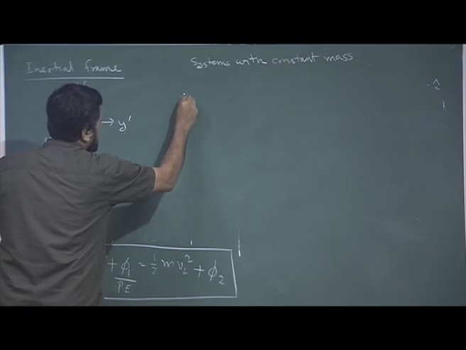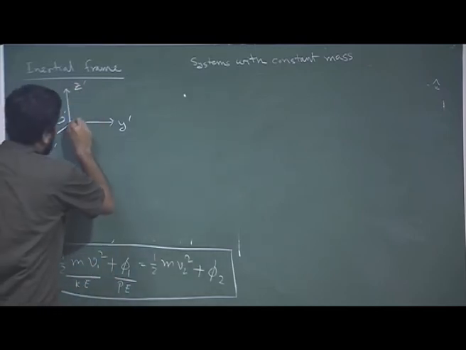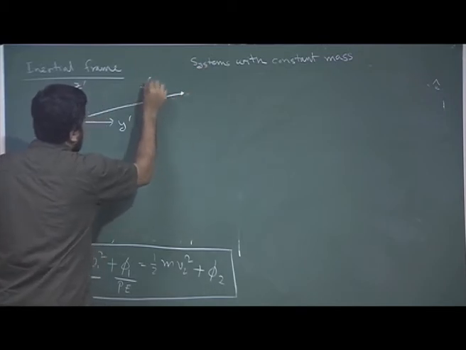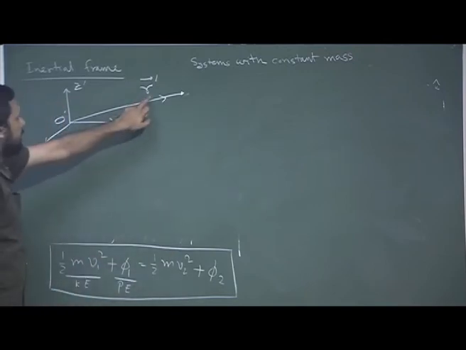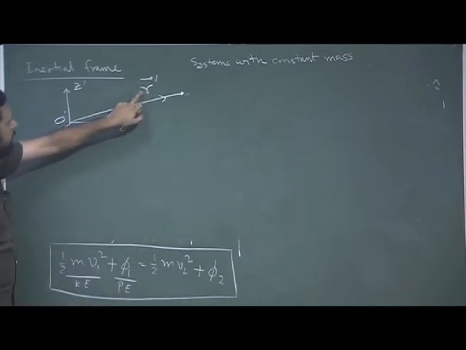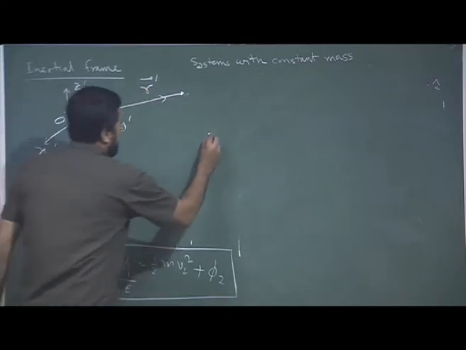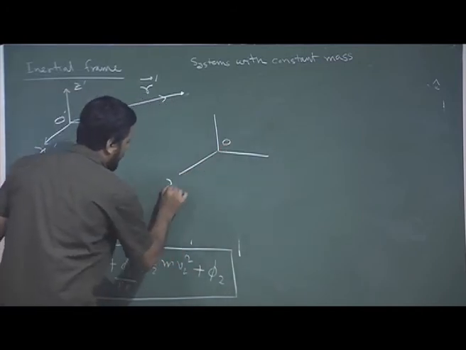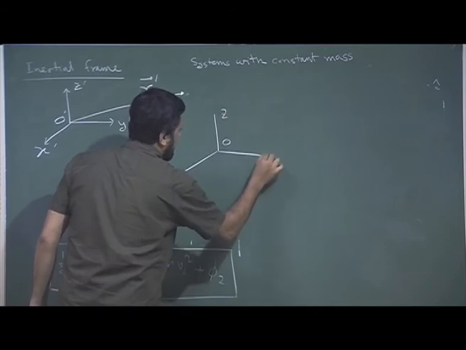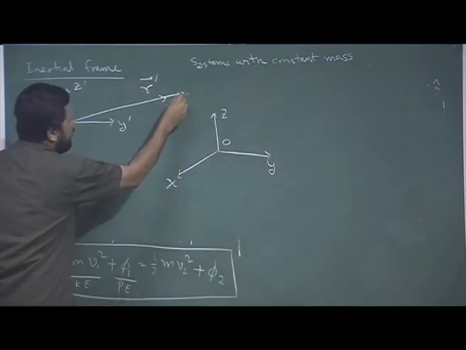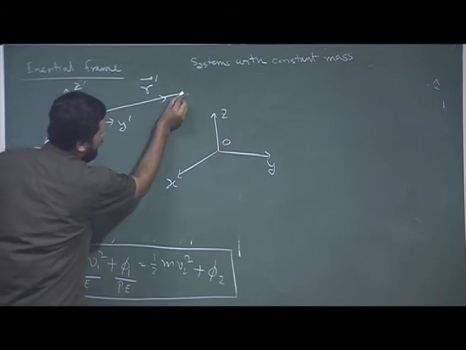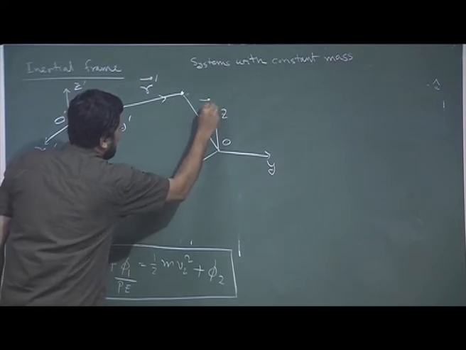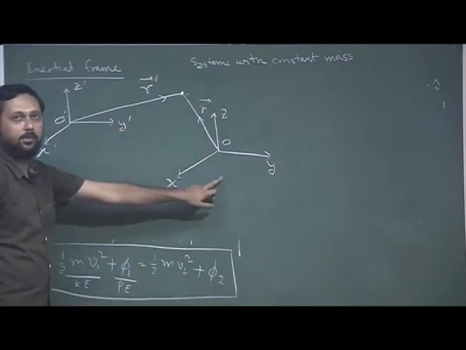and let us say this is the particle of our interest, and in this particular coordinate system, this particle has a position vector r prime. Assuming there is another coordinate system which is given as O, x, y, z, the same particle has a position vector which is described as r in this particular system.